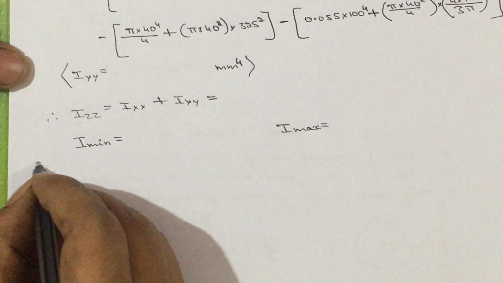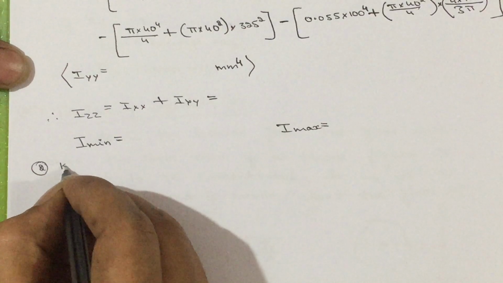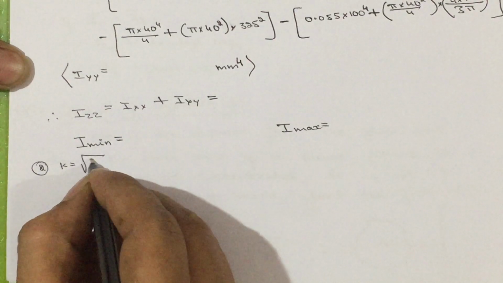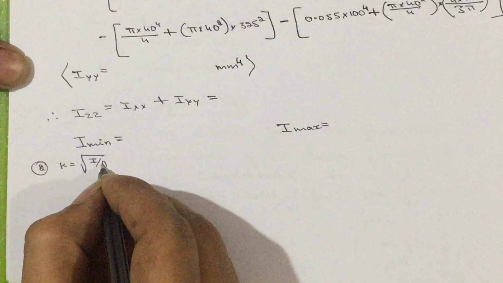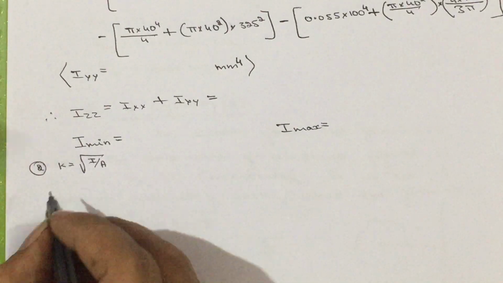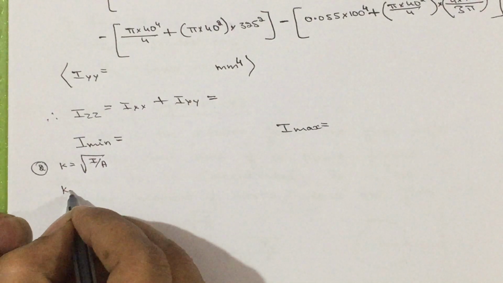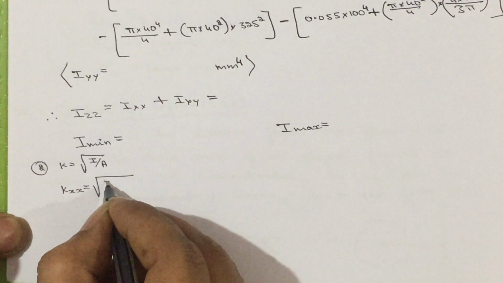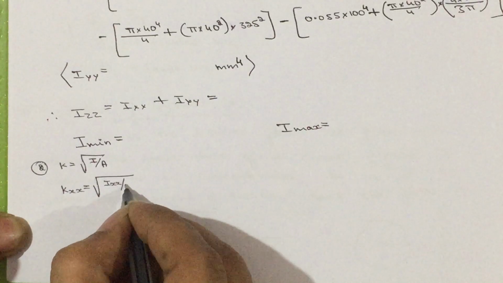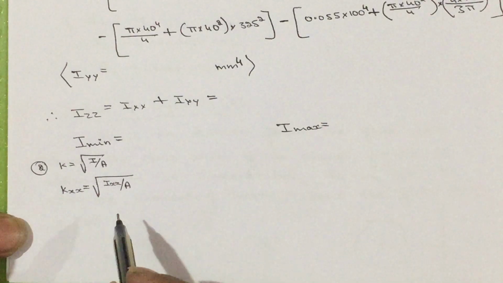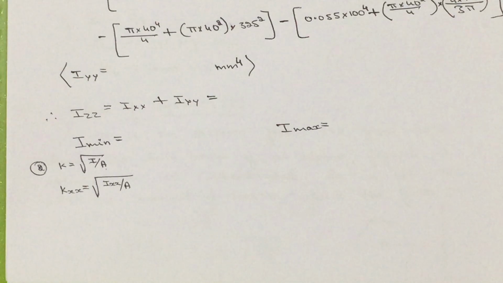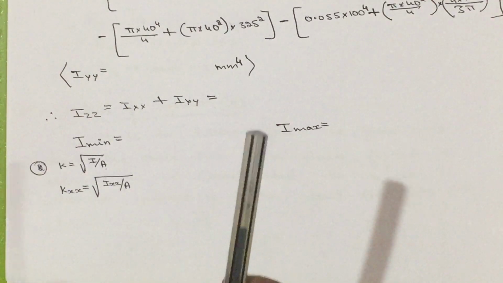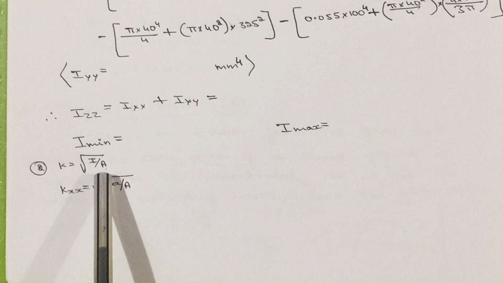The second concept is radius of gyration, that is k is given by square root of I by A. Calculate Kxx, that is square root of Ixx divided by A. A is nothing but the total area of the given lamina. You calculate the area in the beginning itself.